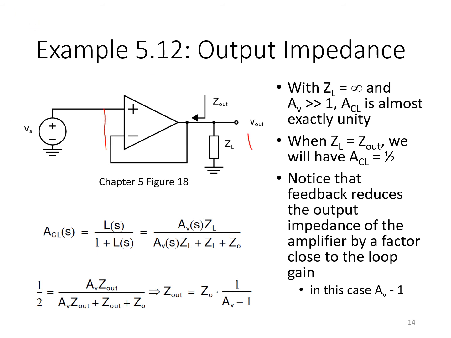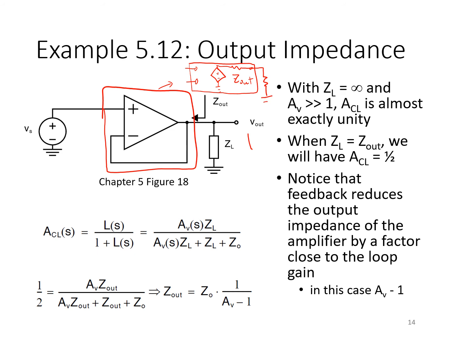Perhaps that's most easily seen by imagining that we can replace this closed loop amplifier with an idealized model of it that has a gain of very close to unity and an output impedance Zout. And then that's loaded by our load impedance ZL.